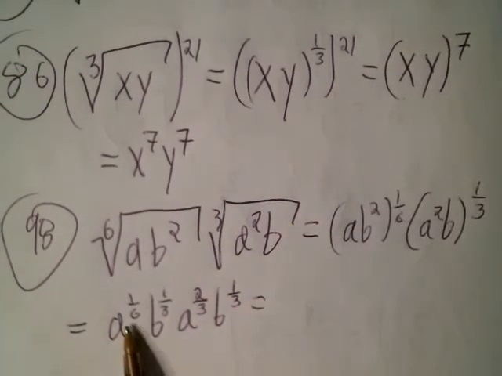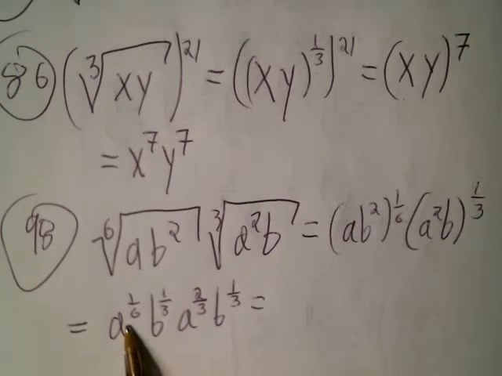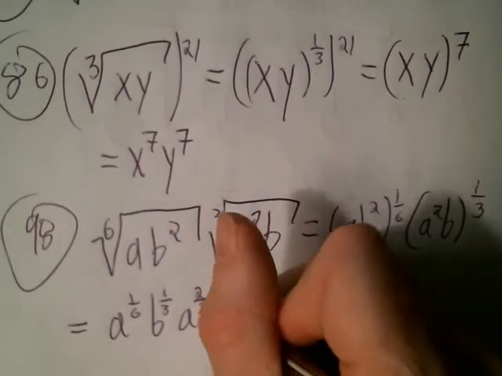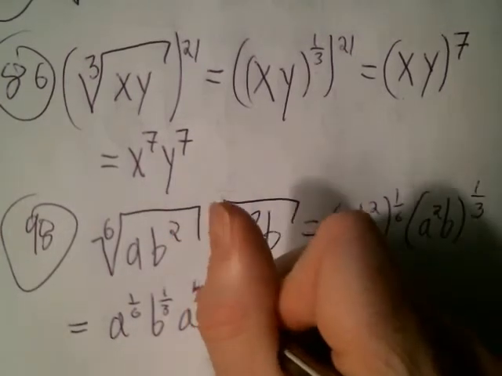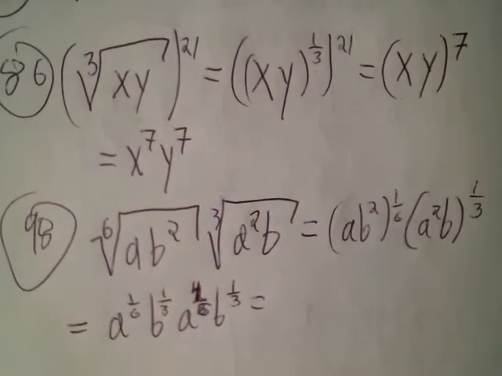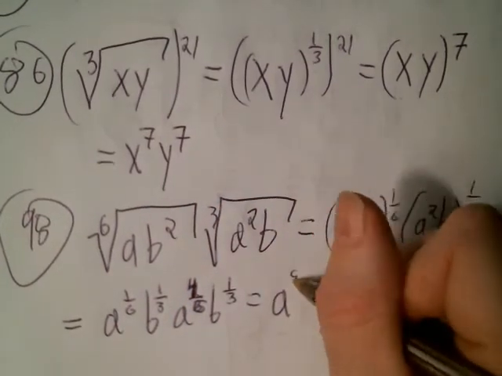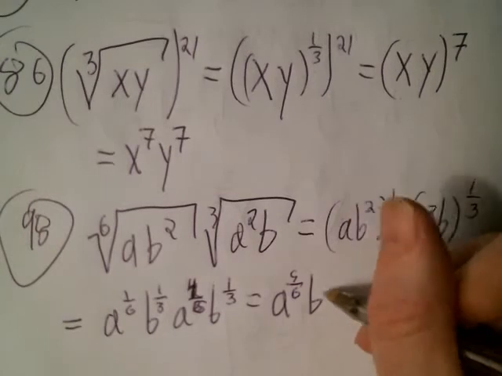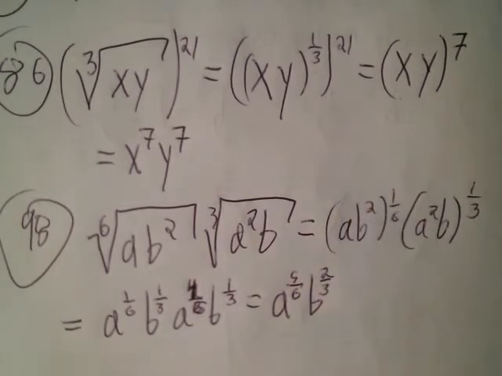You can add exponents, so in this case, I want to get a common denominator, so 2/3 is the same as 4/6. So I'll have a to the 5/6 times b to the 2/3.